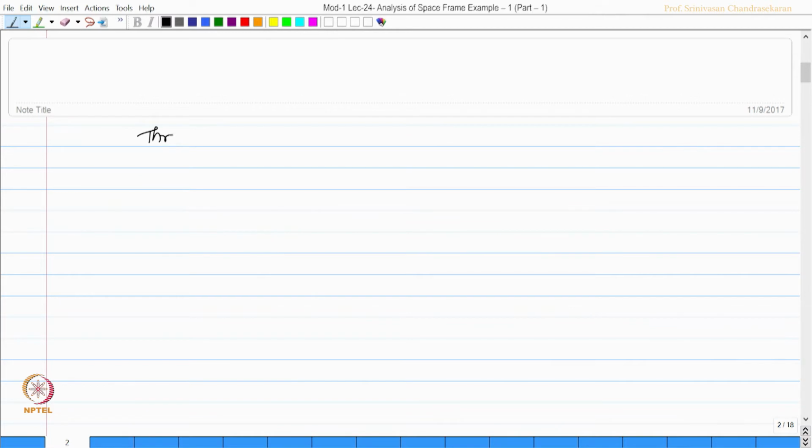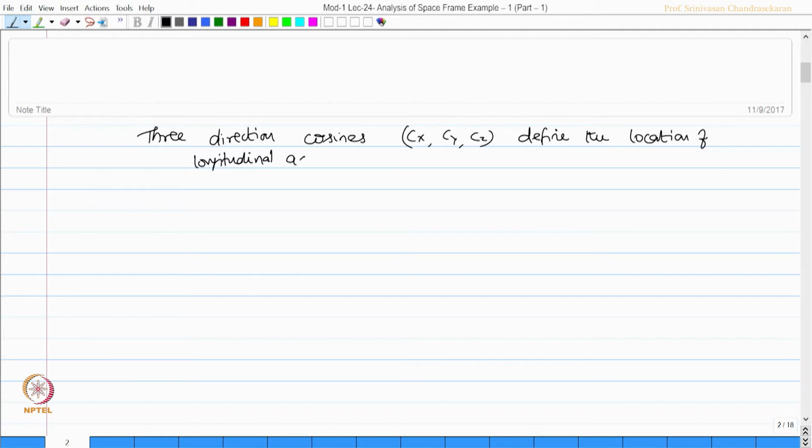Three direction cosines, namely Cx, Cy, Cz, actually define the location of the longitudinal axis of the member, that is the xm axis, with reference to the reference axis system.